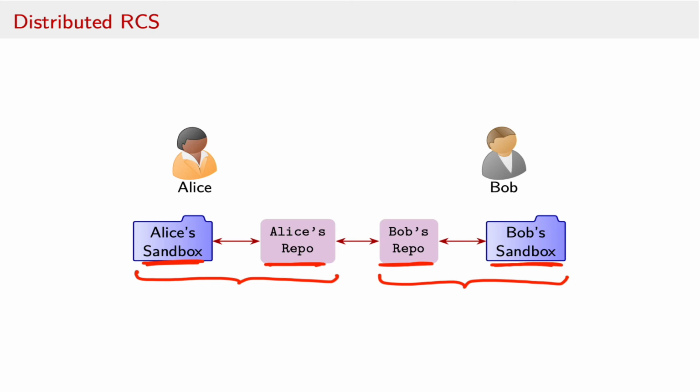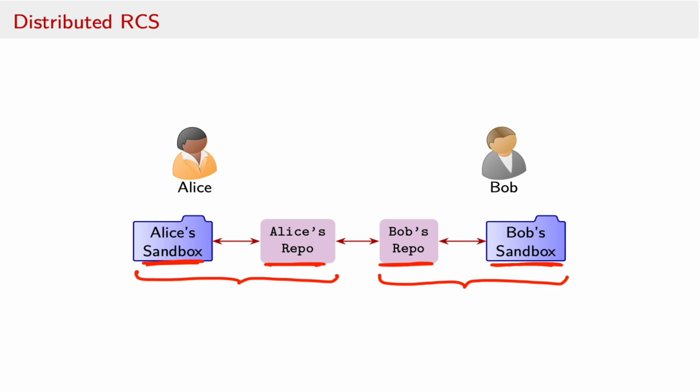So instead of going directly from Alice's sandbox into a central repository that's also the core part of the development environment Bob is using, when Alice has collected together a set of changes that she wants to release to the rest of the team, she can allow the other team members to synchronize their repository with Alice's repository.